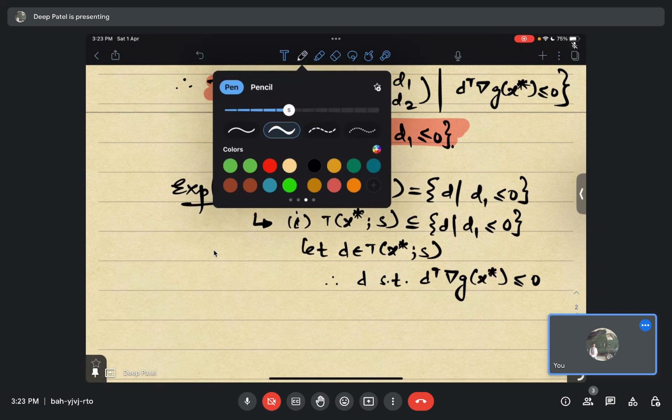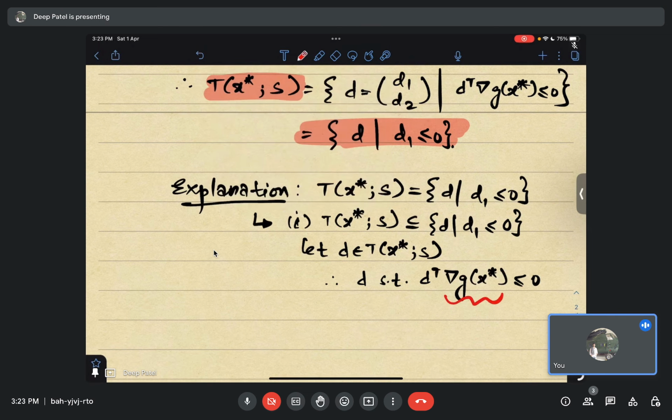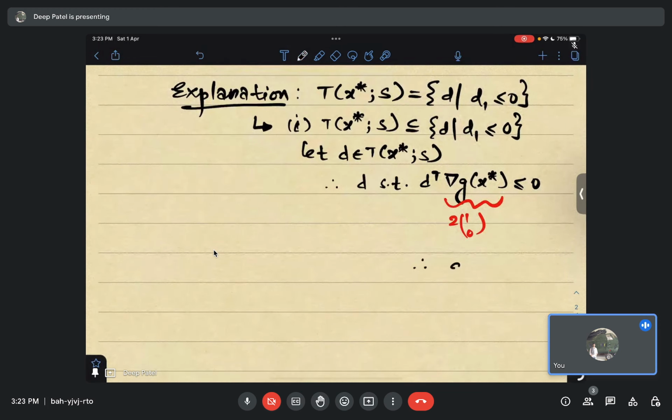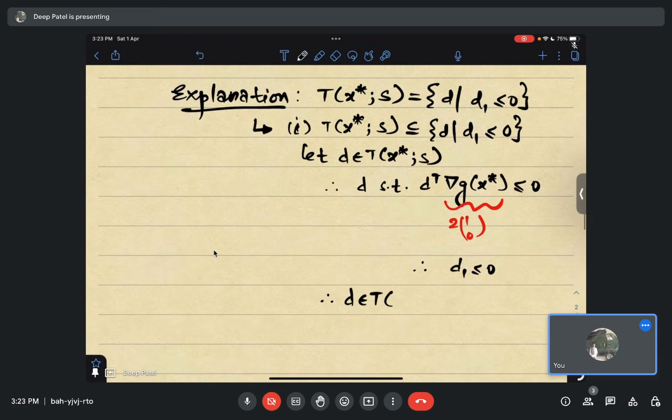And what is this? This is 2 times (1, 0), right? So what we are getting is d1 less than or equal to 0. Yeah, so this is the specification of the tangent cone, right? Generally speaking, this is what I would need, because this is the general condition.